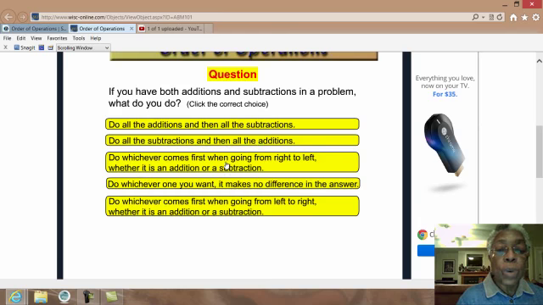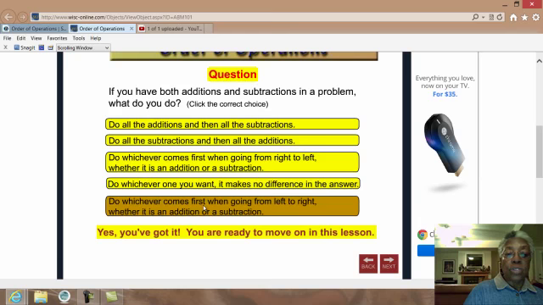Do whichever comes first when going from right to left, whether it is an addition or subtraction, or do whichever you want, it makes no difference in the answer. Or let's look at this one: do whichever comes first when going from left to right, whether it is addition or subtraction. So let's try that. Yes, you've got it. You are ready to move on in this lesson.